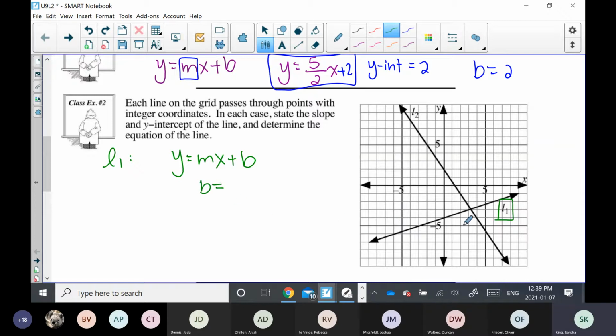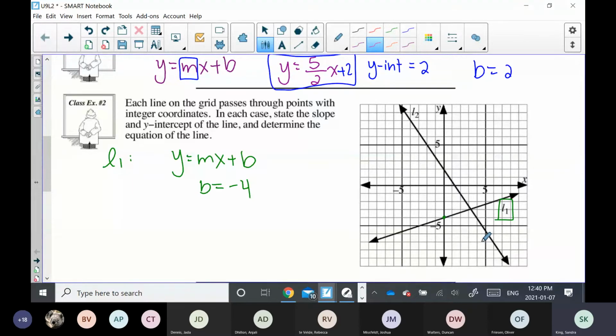So the b value for this line here, the y-intercept, is -4. So far the equation of this line is going to be mx minus 4. From the y-intercept, you just follow the slope until you get to another good point.